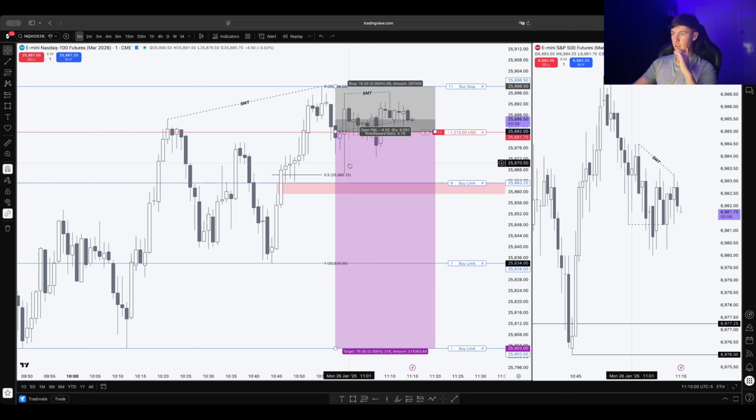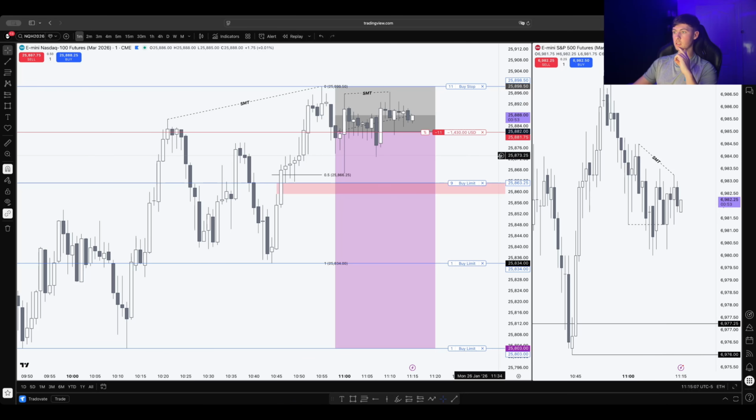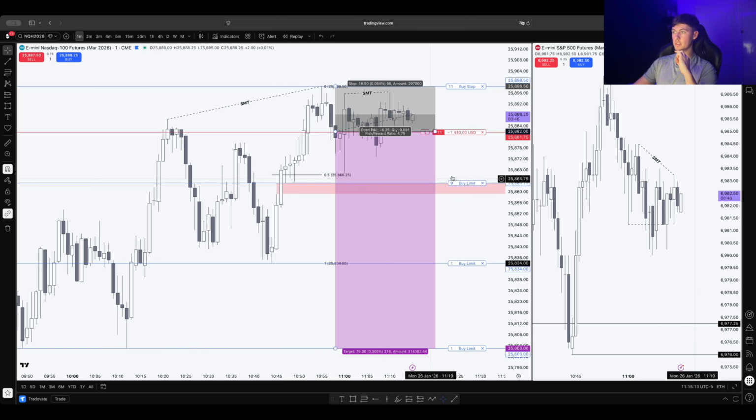And then if we do take out that 11 a.m. low, I will trail stops through that high at 96.50. But if we do take out that low, I'm expecting it just to run straight into our TP1, which is where I will go break even on the trade.